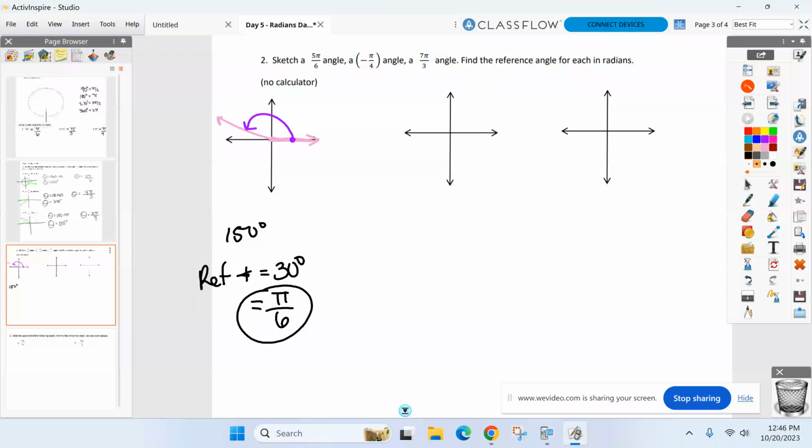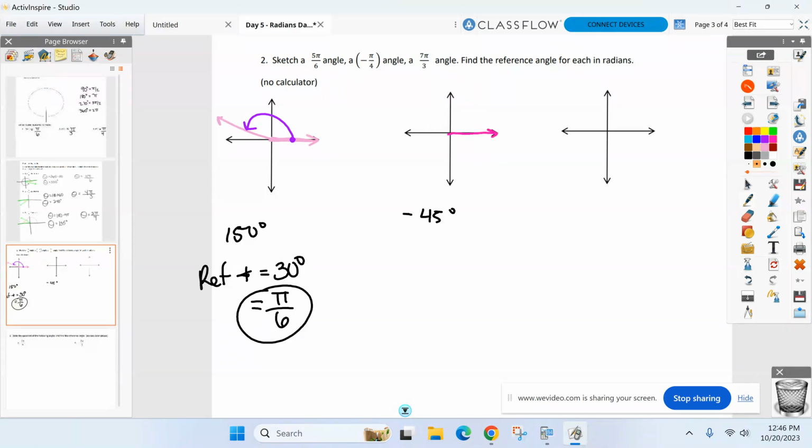Ready for the next one? Yeah. Negative pi over 4. What's pi over 4? 45. So I want you to graph negative 45 degrees. Yep. And then is the reference angle negative? We'll talk about it in a second. What quad am I going in here? Quadrant 4. Yep. Oh, this is a first, huh?